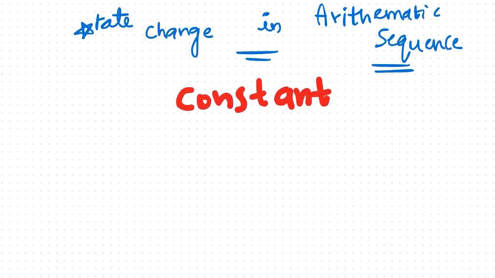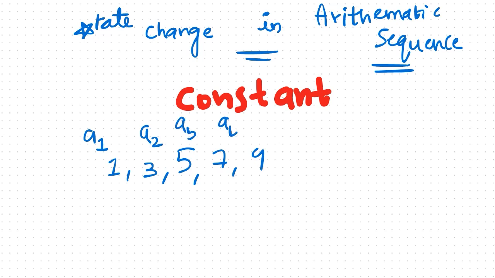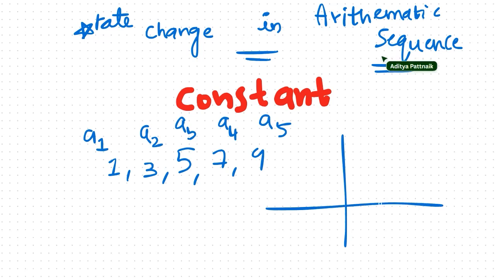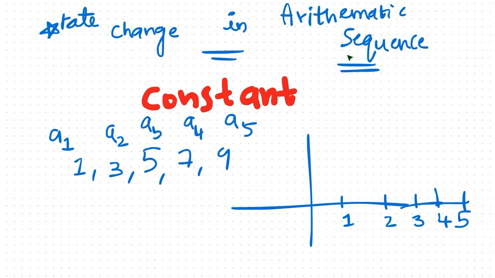There are some things to consider. Let's say we consider the previous example 1, 3, 5, 7, 9. A1 is this, A2 is 3, A3, A4, A5. If you plot it on the graph, with the first term, second term, third term, fourth term, fifth term, then it will be a straight line.